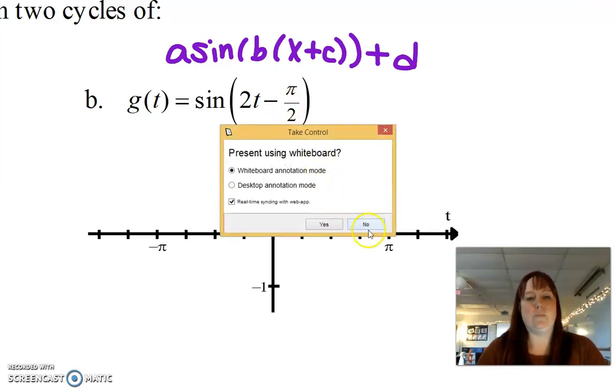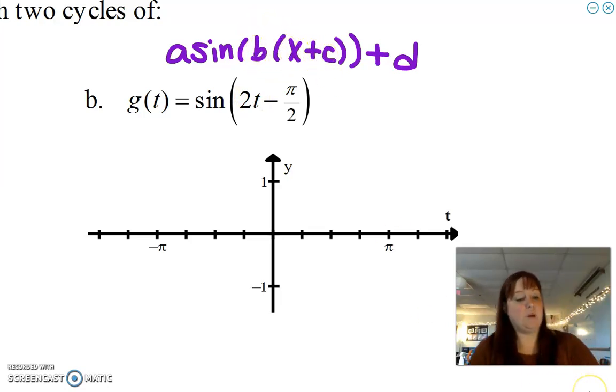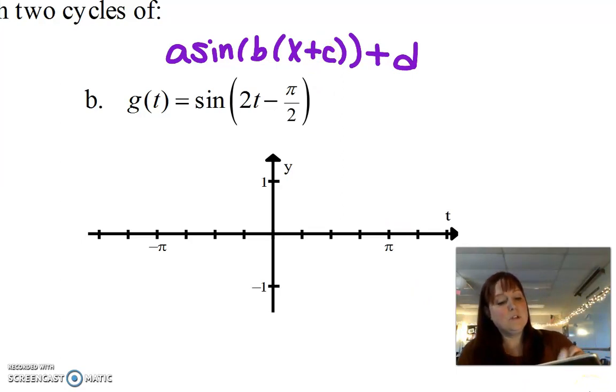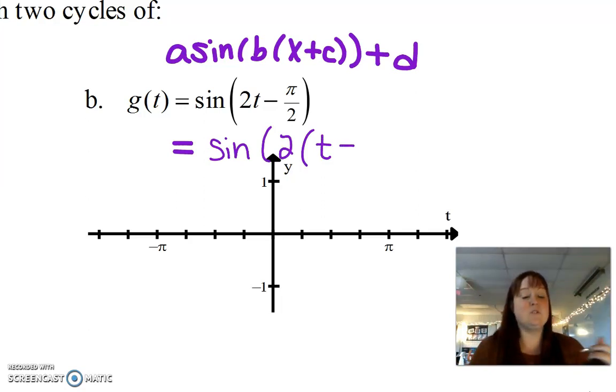So it's not multiplied there. So I need to go ahead and pull that 2 out so it looks like this, so that the b is multiplied by the x and the phase shift, okay? So I got to pull the 2 out. So I'm going to end up with sine of 2 times t minus, now what's pi over 2 divided by 2? It's pi over 4.